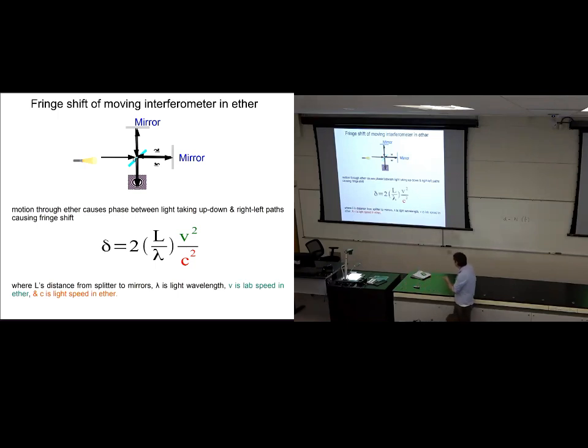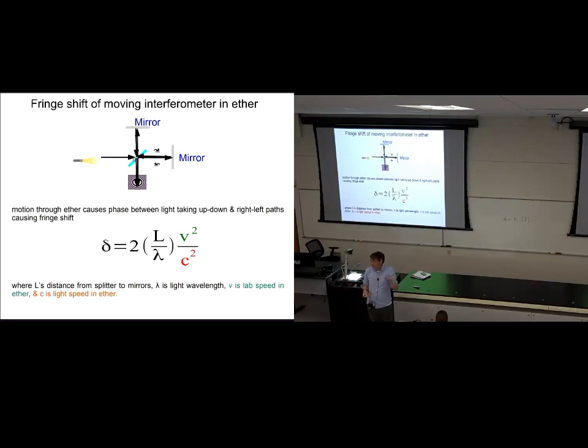So this is the fringe shift, and then over on the right hand side is all the things that the fringe shift will depend on. There are a couple of things in black here that are associated with the Michelson experiment, the interferometer. When you build an interferometer, you're going to use it with a certain wavelength of light, and a certain distance to your mirrors.